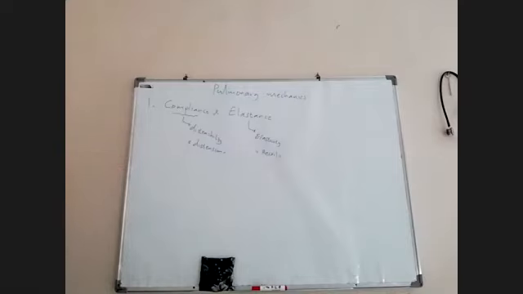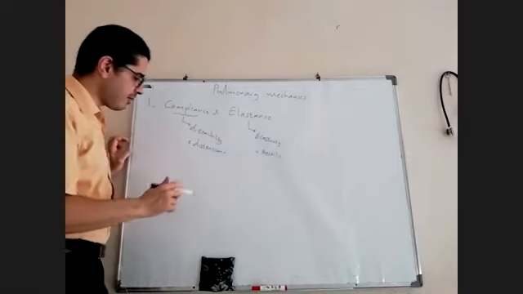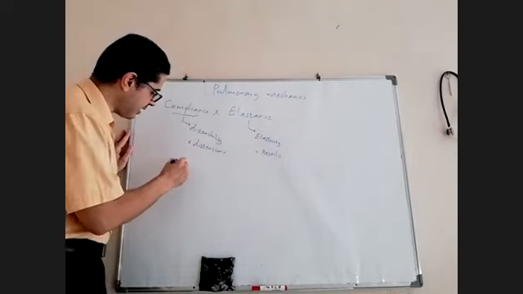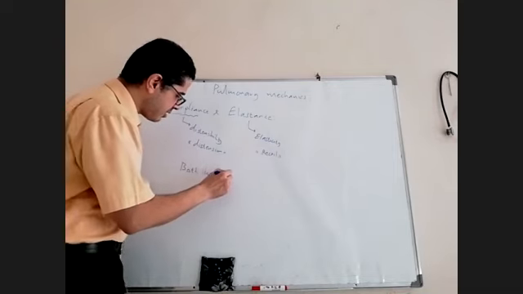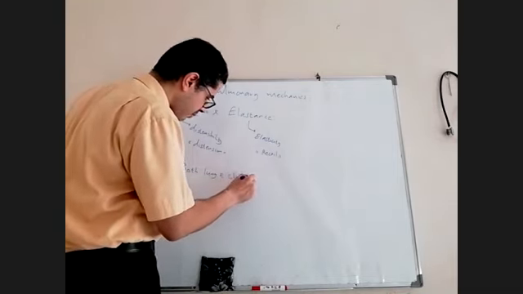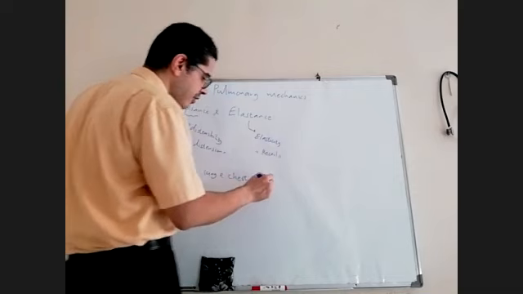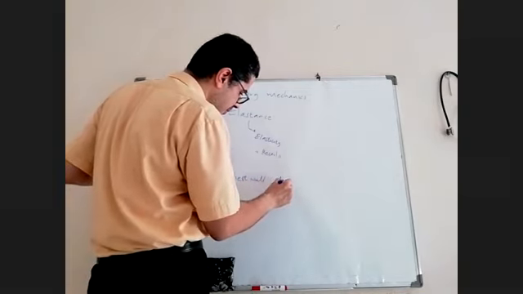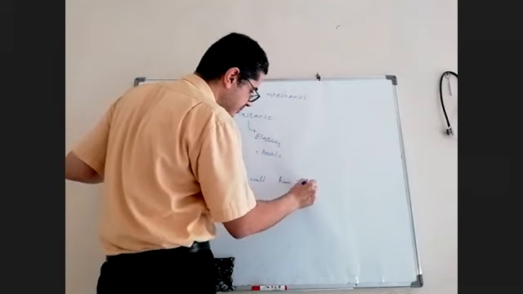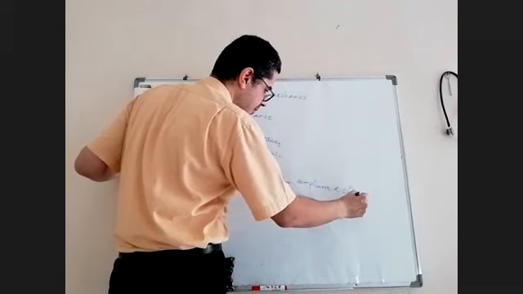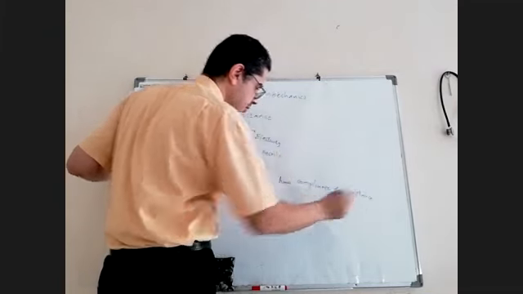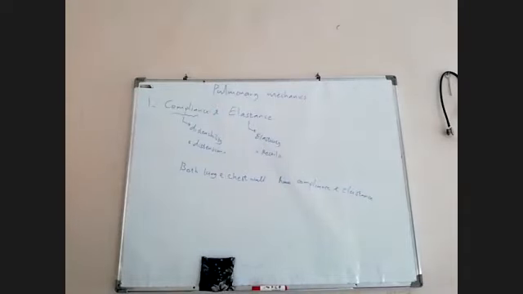Both the lung and chest wall have compliance and elastance. When an organ is compliant, it does not mean that it is always elastic.